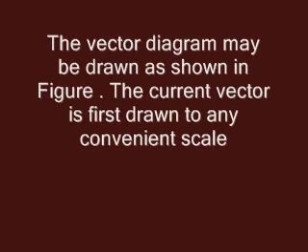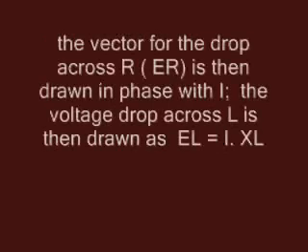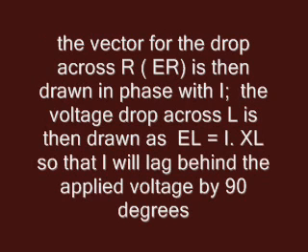The vector diagram may be drawn as shown in the figure. The current vector is first drawn to any convenient scale. The vector for the drop across R, ER, is then drawn in phase with the current.